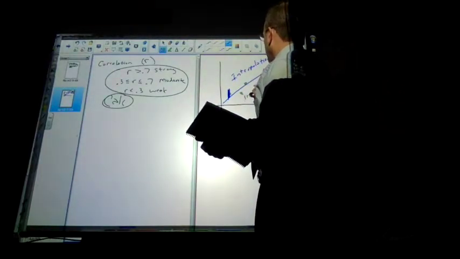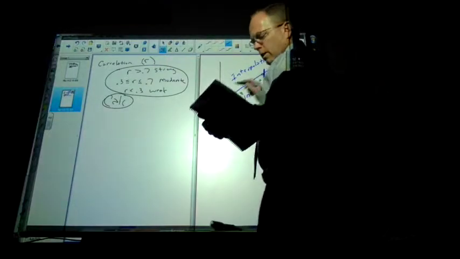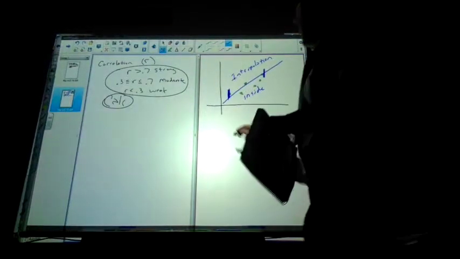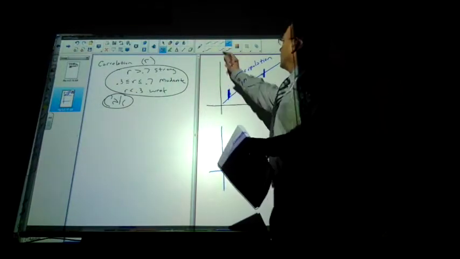So it's inside your data. This is usually pretty good to make an educated guess off of, or to make a judgment call of. So interpolation is inside the data, and then the other term is called extrapolation.